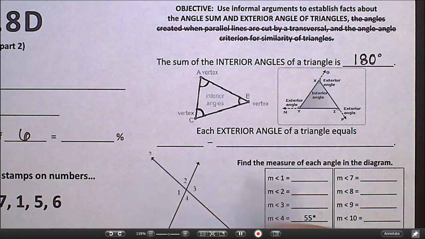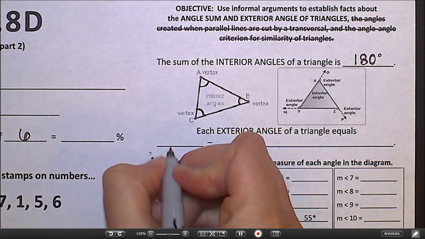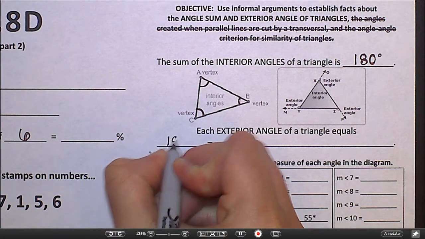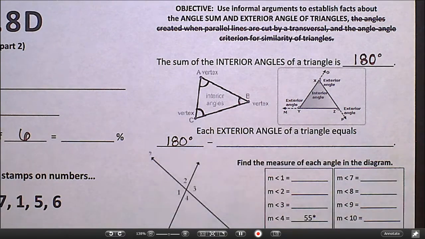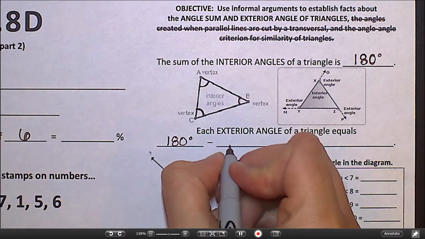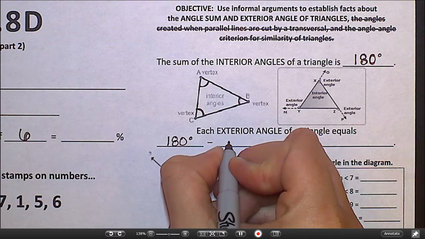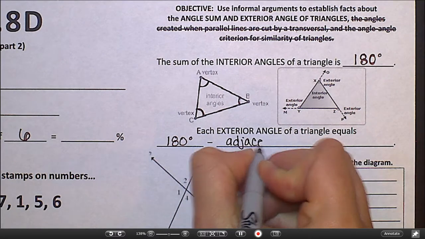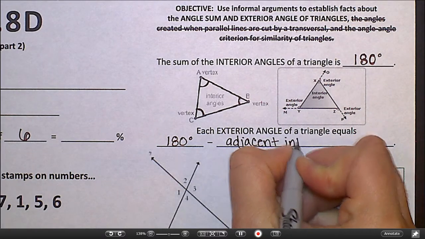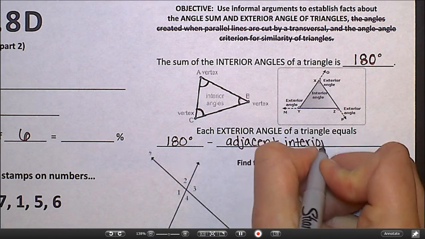Now, each exterior angle of a triangle is equal to 180 degrees minus the adjacent interior angle.